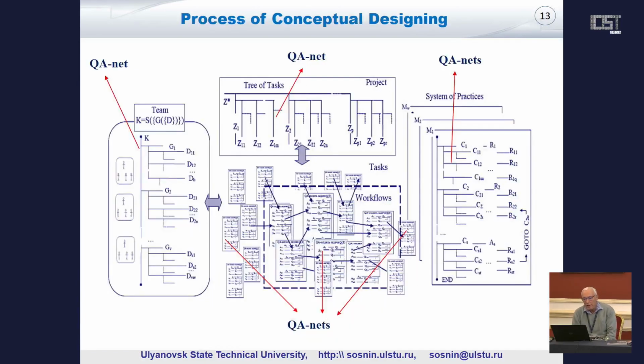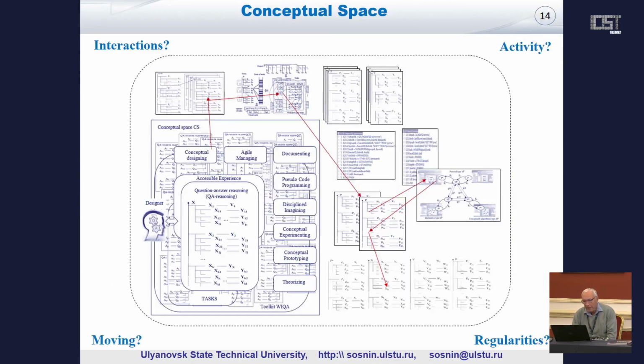In conceptual designing, we use question-answer reasoning and register it in the version of question-answer nets, as for a team of designers, so for the tree of tasks, for practice, and all of these structures are used in the design process.